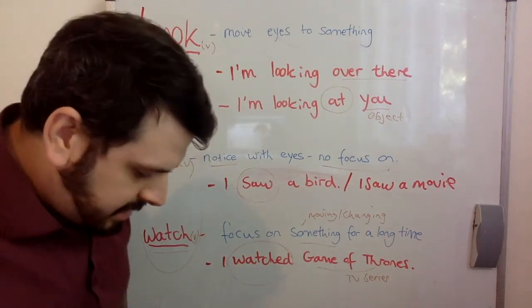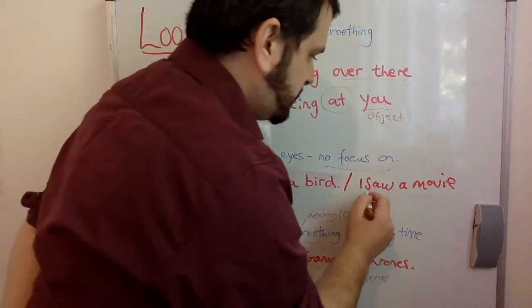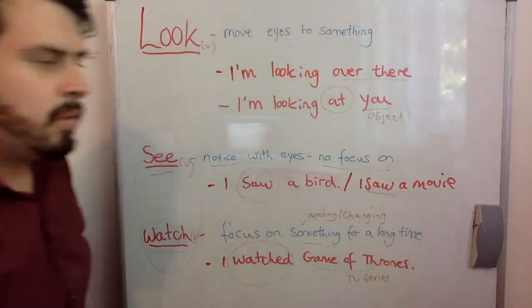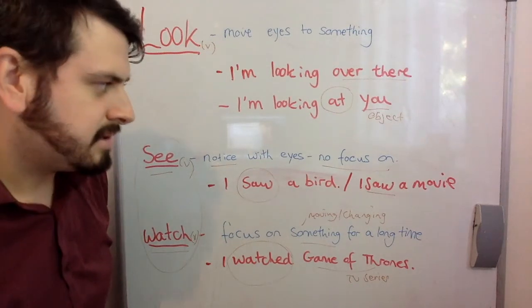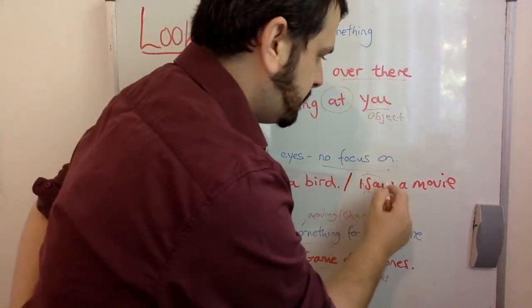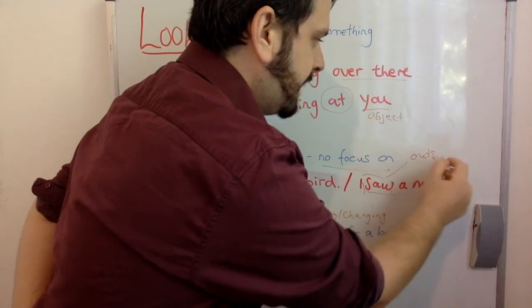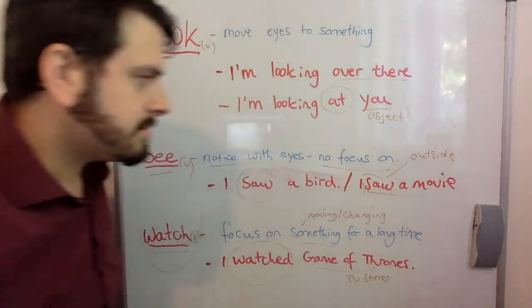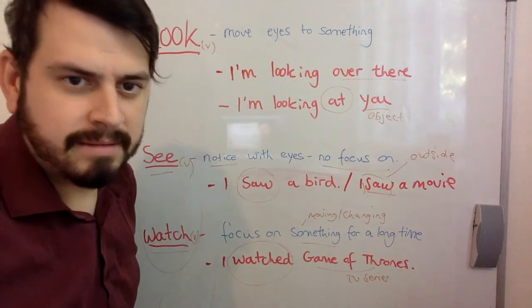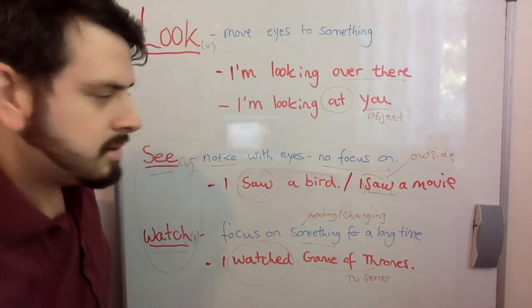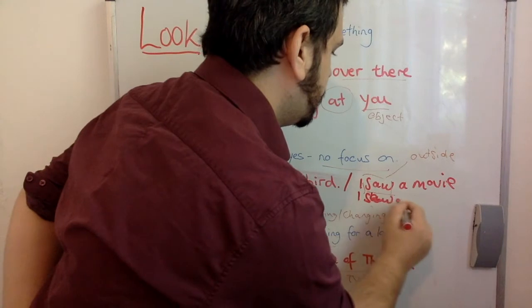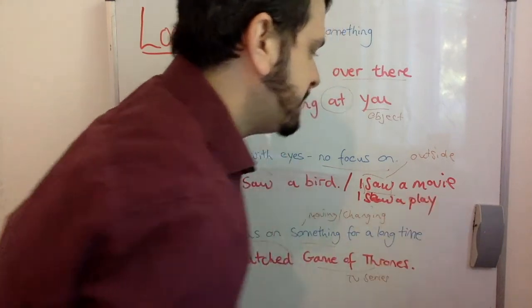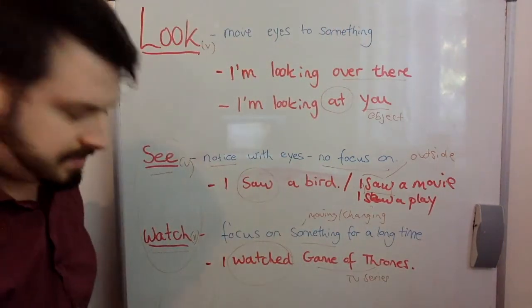What I would say is, when we use this verb here, the way I would think about it, and the way I think a lot of people would think about it, is when you use this, it means you saw it outside of your home. So I saw a movie at the cinema, for example. I saw a play at the theatre, right?